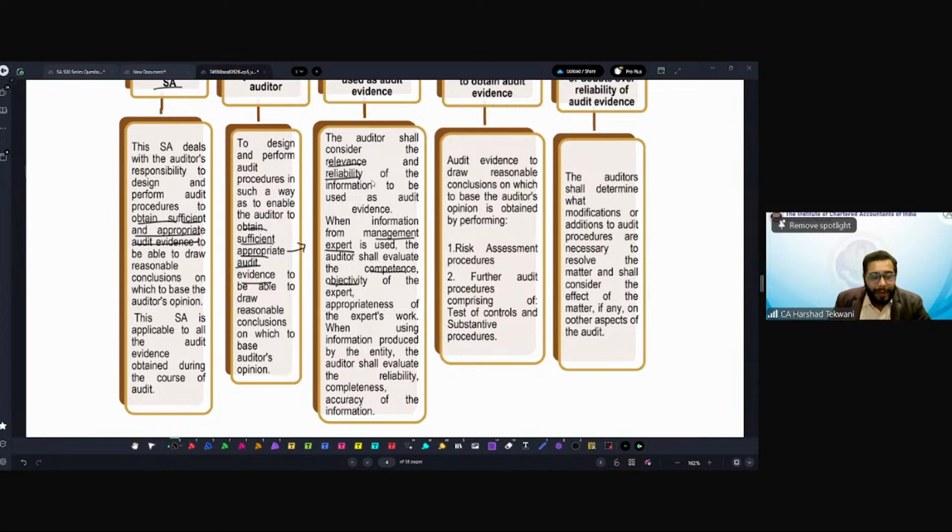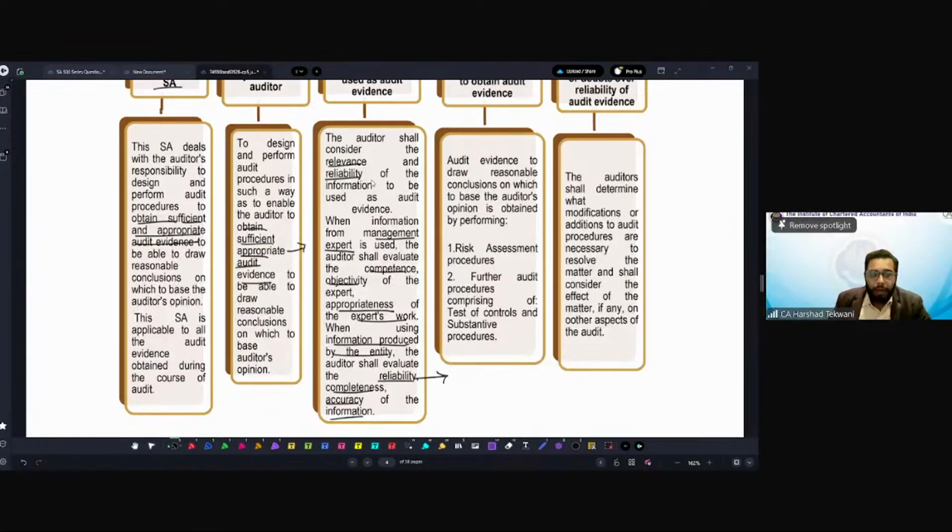You need to evaluate the appropriateness of the expert's work, whether the expert's work is appropriate or not. Then, when you are using information produced by the entity, understand the reliability, completeness, and accuracy of the information.